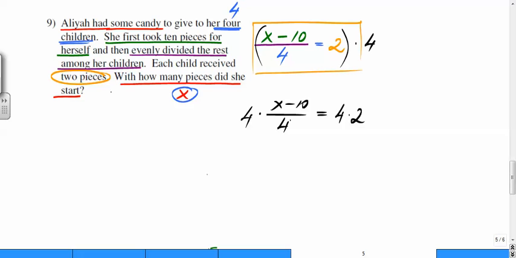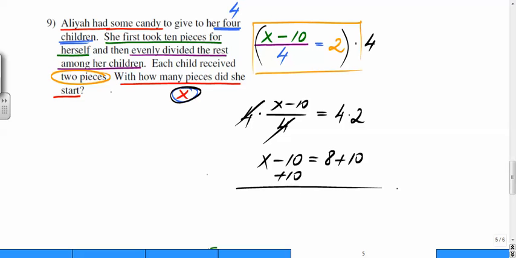Now, what do you see here? 4 and 4 will cancel out. X minus 10 equals 8. And now to find how many pieces she had in the beginning, I will just put those 10 candies back. In algebra, we're adding 10 to both sides. The number of candies that were initially there will be 8 plus 10, and that will be 18. And we are done.